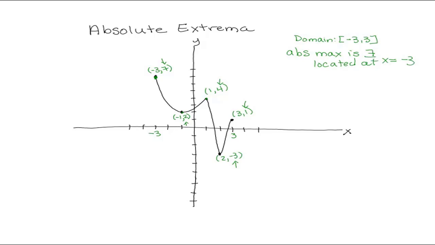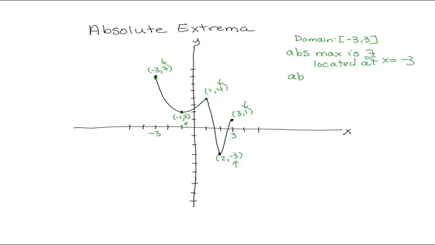And that's an important point to make here, that when we talk about extrema, we're talking about y values. So if I ask you to find the absolute maximum of a function, I'm asking you for the y value. So the absolute maximum of the function is 7. And adding this comment here that it's located at x equals negative 3 is only necessary if I ask for it.